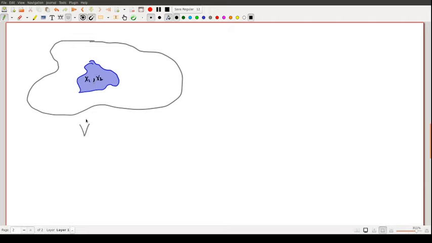And now let's say I want to make this bigger, I want to expand this subspace, and so let's suppose I include another x3, right? Now the question is, if I take all possible linear combinations, so alpha 1 x1 plus alpha 2 x2 plus alpha 3 x3, will my space get bigger or not?